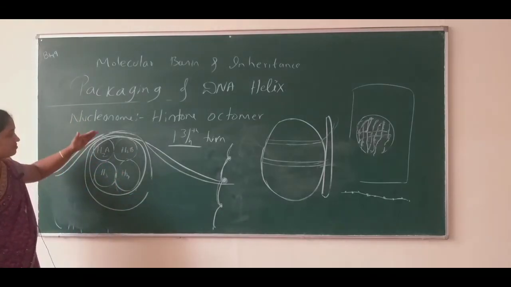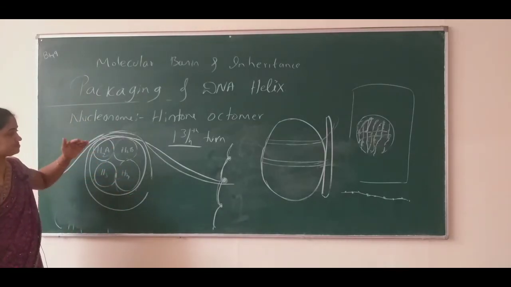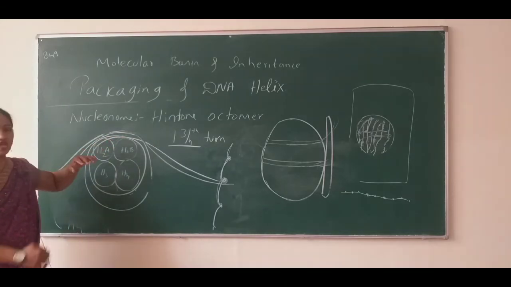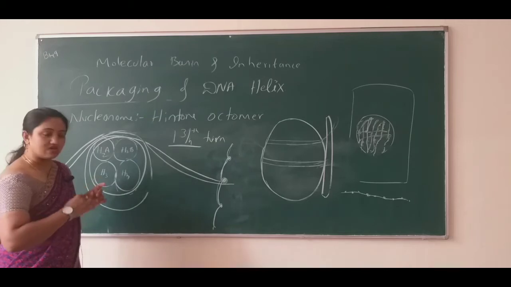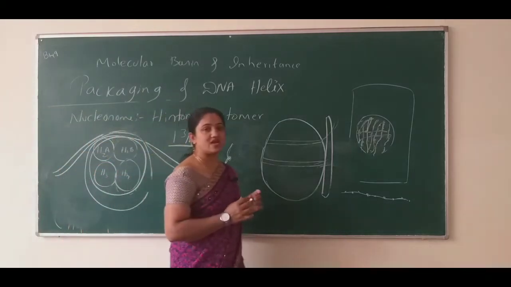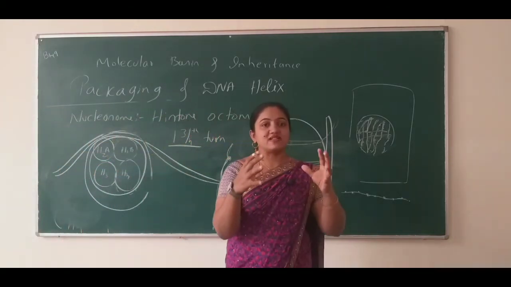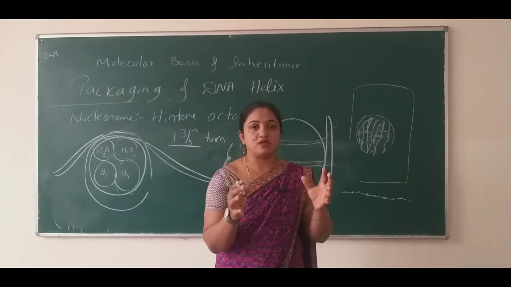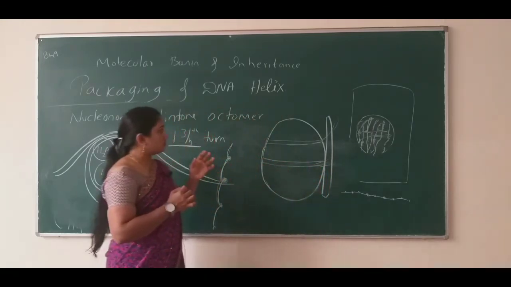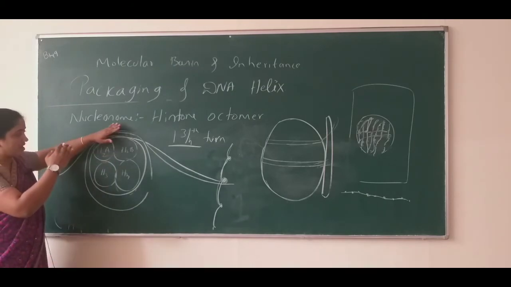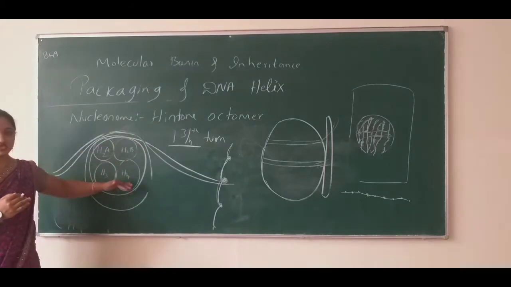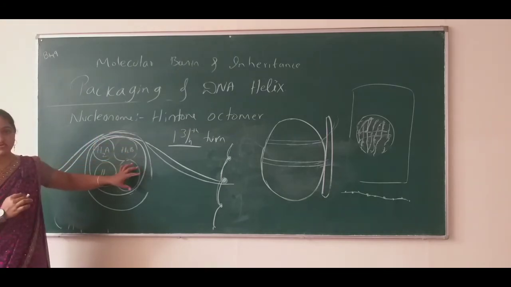Alright, coming back to this structure again, suppose you are wrapping one thread around a ball, what will happen? If you leave that thread, it will become open, right? The same thing is going to happen in the DNA structure and the histone octamers also.